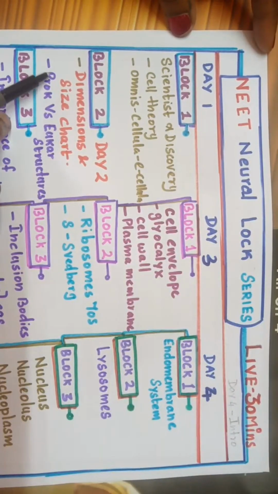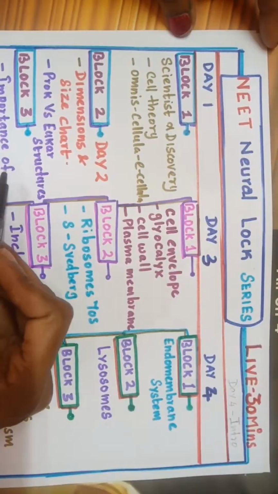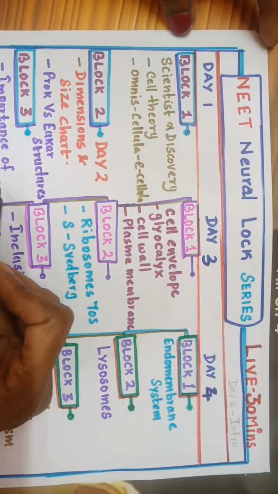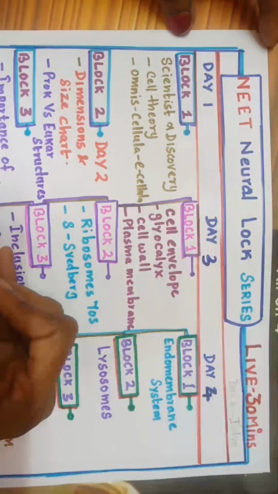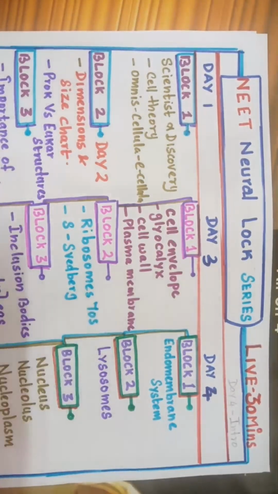In this we saw what are all the organelles missing in prokaryotes, then about mesosomes. In block 2 we saw importance of prokaryotic examples. Can you name the prokaryotic examples? If you know the answer, quickly type it in the comment section. You have 4 examples in NCERT.